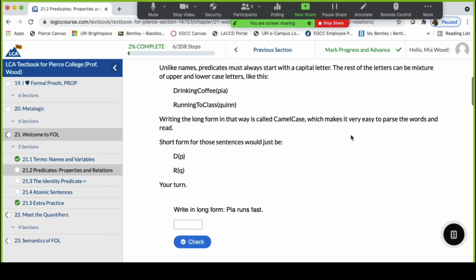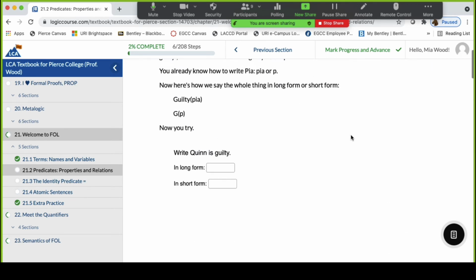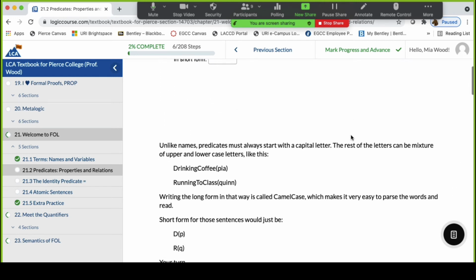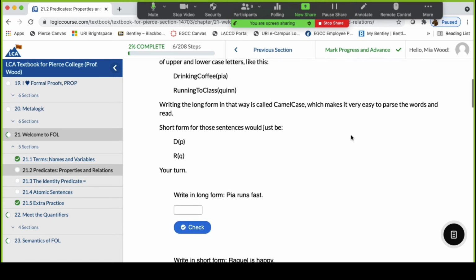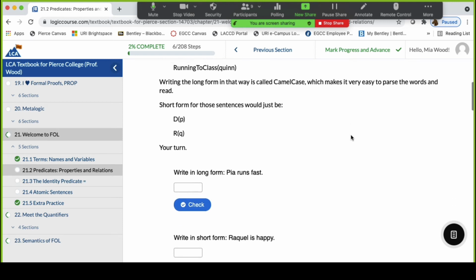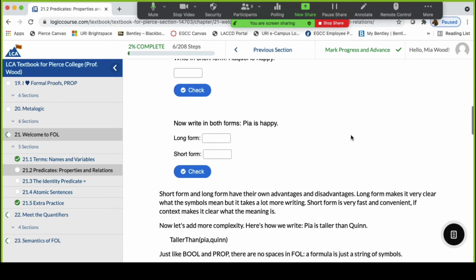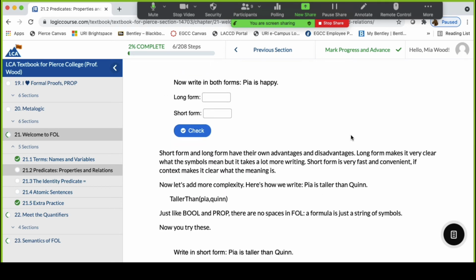Okay, so in each of these cases, we've got individual, named people. So in this case, as you say, Pia and Quinn. We can use short form, long form. And the grammatical subject, Pia drinks coffee. Quinn is innocent. The grammatical subject, Pia, Quinn, is what takes the predicate.